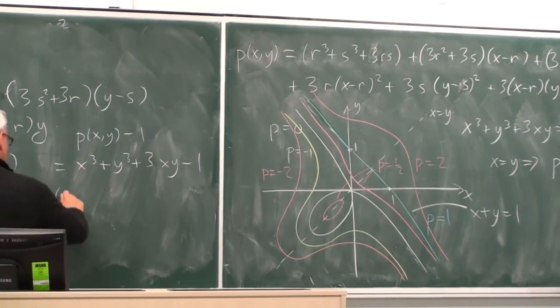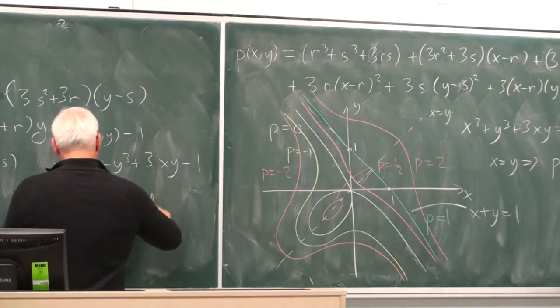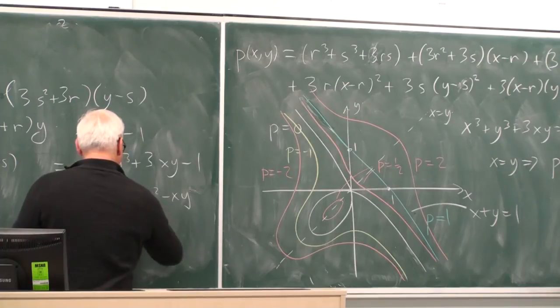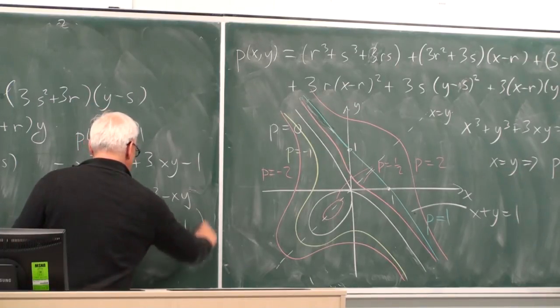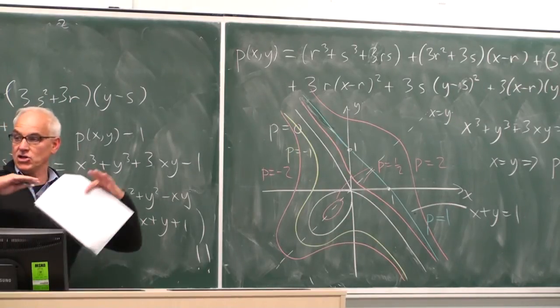It factors as x plus y minus 1 times x squared plus y squared minus xy plus x plus y plus 1. That implies that if x plus y minus 1 equals 0, then this is 0, which means that line really does lie on the cubic. The cubic is very curvy, but it does have this line that lies on it.